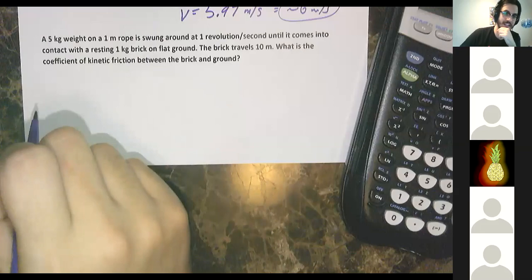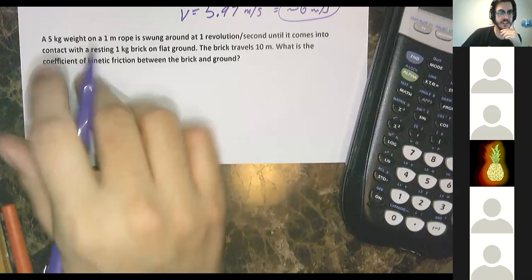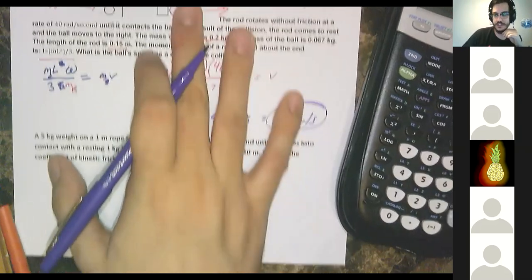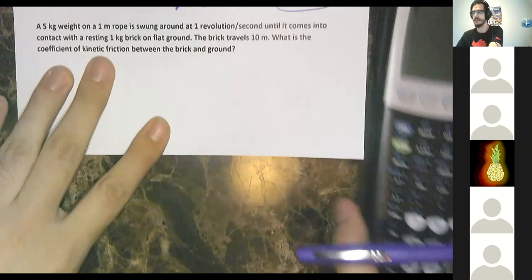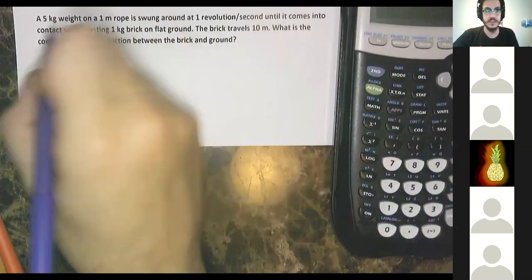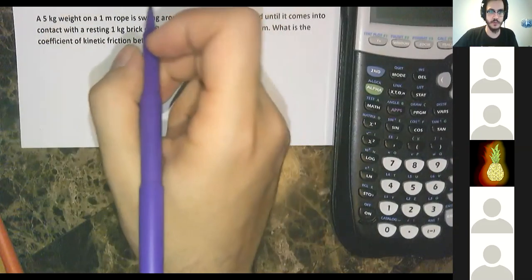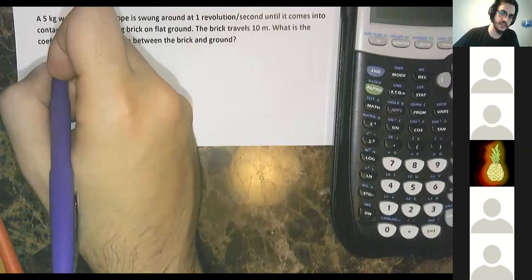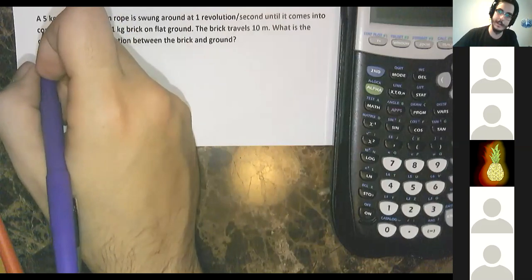So it is a take on that. It's somewhere between that Batman problem and the one we just did. All right. So we have a 5 kilogram weight on a rope. That makes, unless this rope is extremely heavy, what does that make this weight?